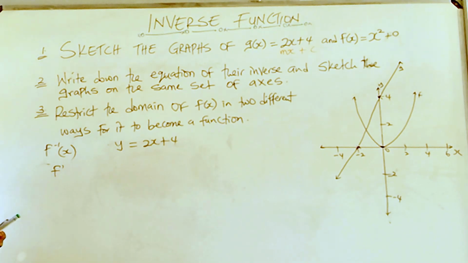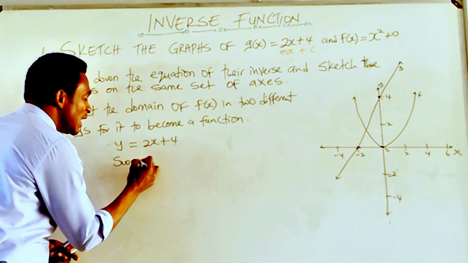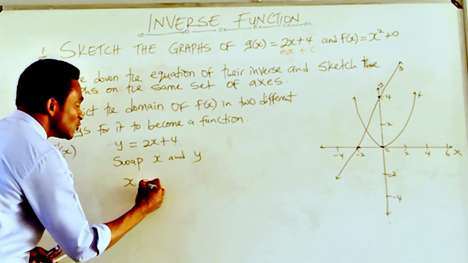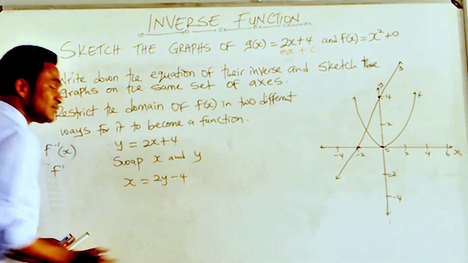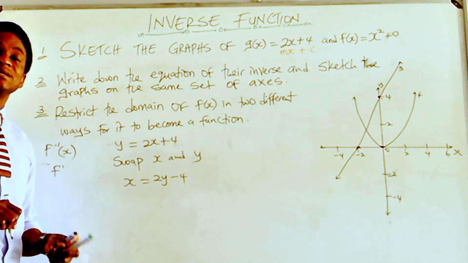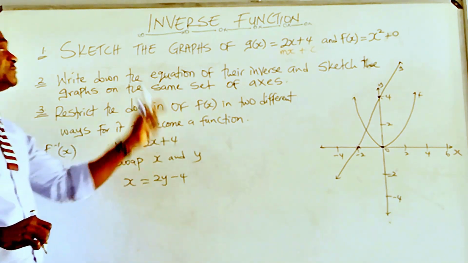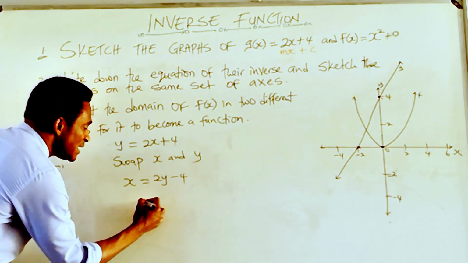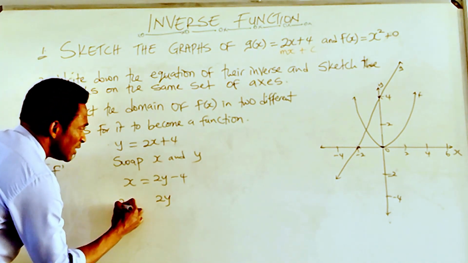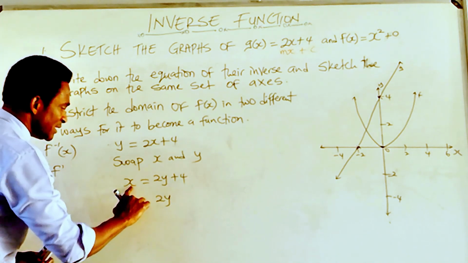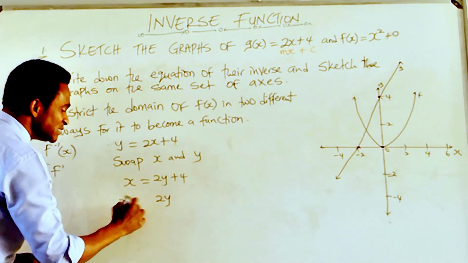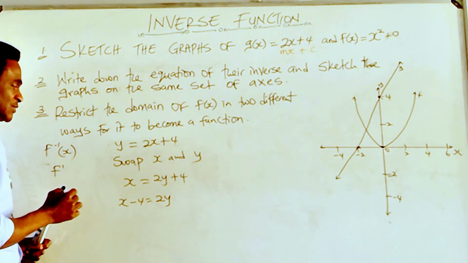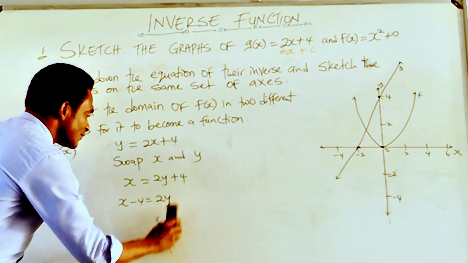What are the rules? The first thing is to swap x and y, their positions. So x becomes y and y becomes x. And then make y the subject of the formula, because any function must be y in relationship with x. So we swap x and y, and we have x minus 4 equals 2y.